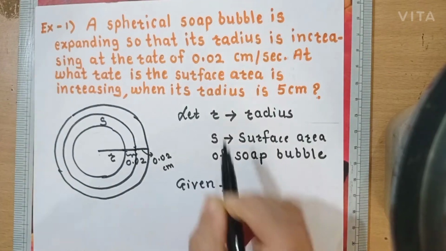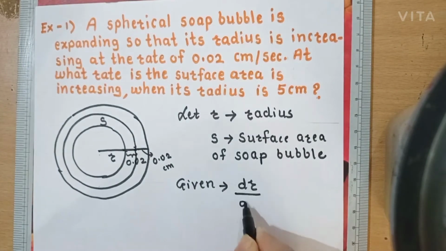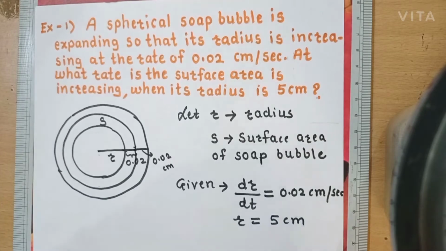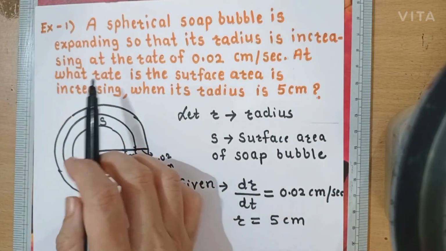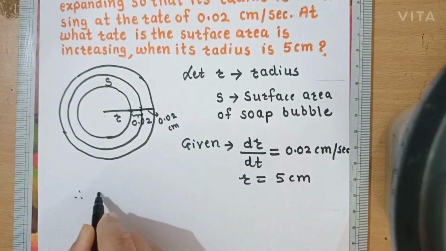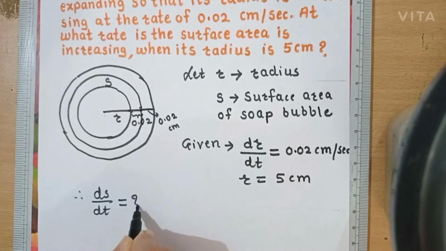So we will write radius is increasing, that means dr by dt, and that is given, radius is equal to 5 centimeter, and we have to find out at what rate the surface area is increasing, that means ds by dt we have to find out.